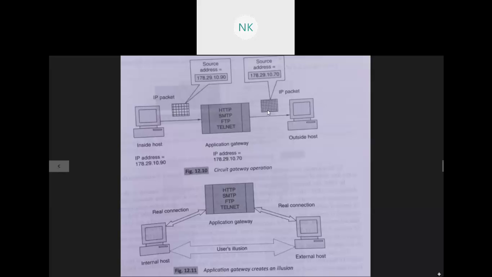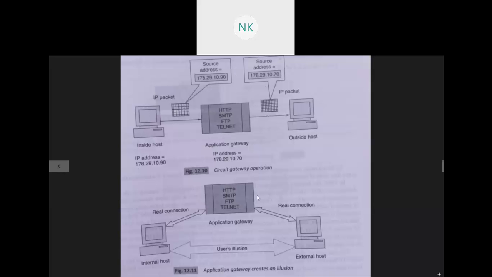It replaces it with its own and passes it to the server.